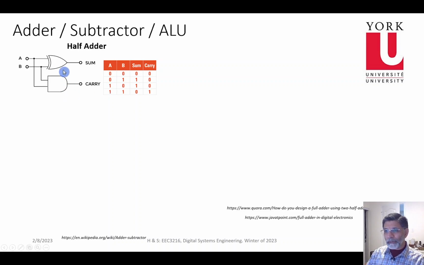Basically one AND gate and an exclusive OR gate, and it's just like a decimal adder, but in the binary manner. When both the inputs are 0, the sum is 0. When one of the inputs is 1, the sum is 1 and the carry is 0. But when both of them are 1, sum is 0 and carry is 1.